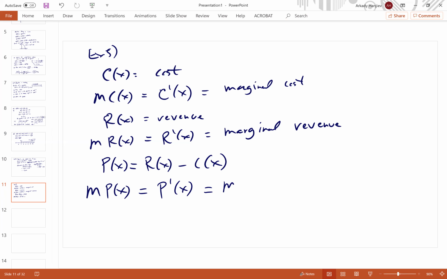And again, it's this right here. Let me give you both. Revenue first, MR minus marginal cost, or the derivative of revenue minus the derivative of cost.